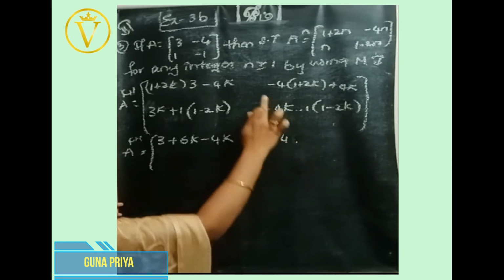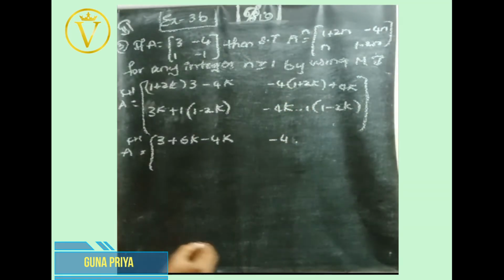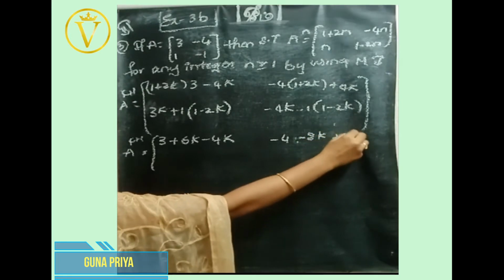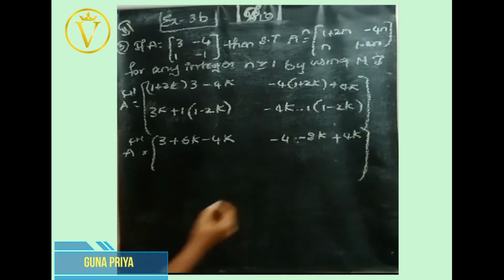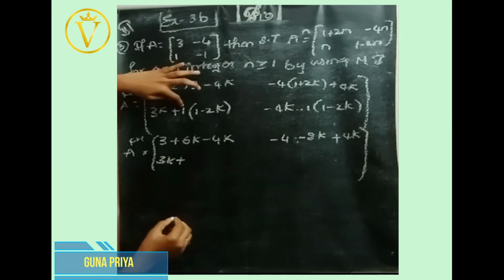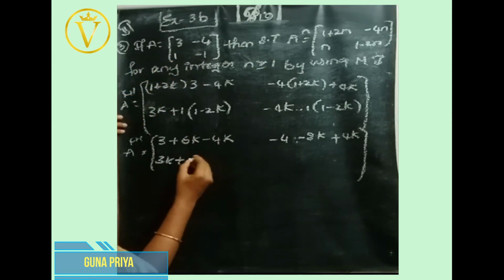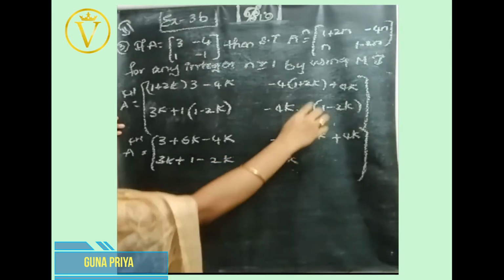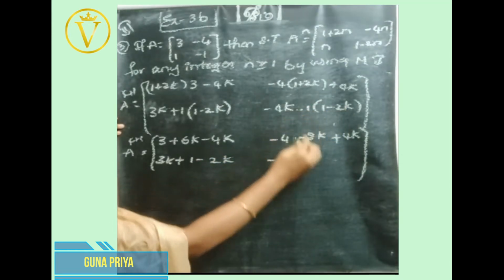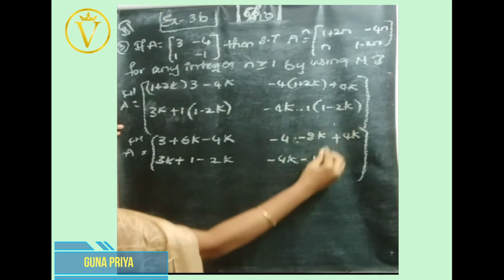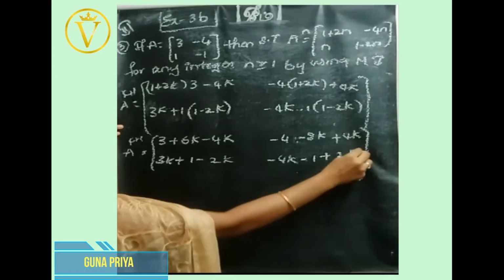Here minus into plus will become minus, so minus 8k plus 4k. Okay. Now 3k plus 1, multiply every term with 1, then you will get 1 minus 2k only. So minus 4k. Now multiply this whole term with minus 1. So minus 1 into minus 1, minus into minus is plus 2k.